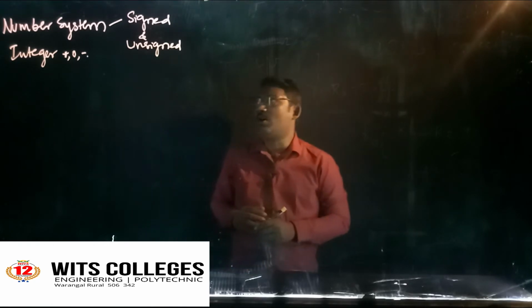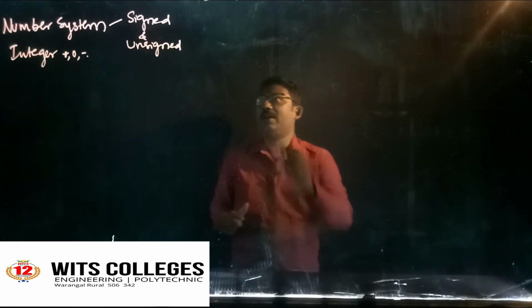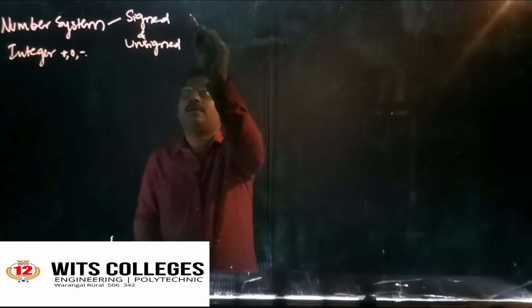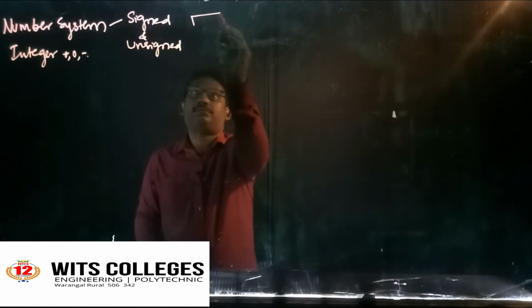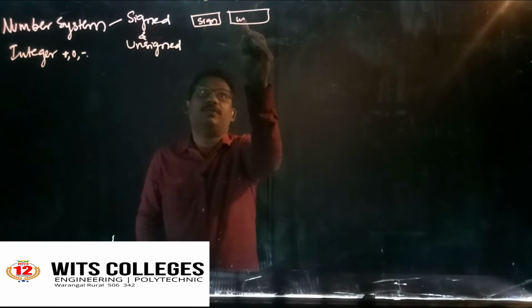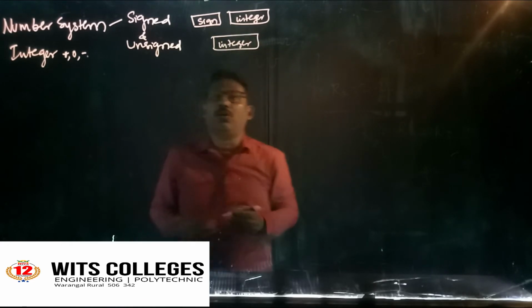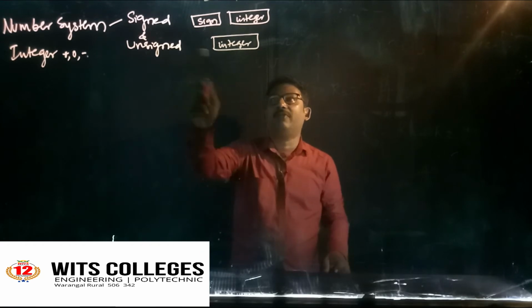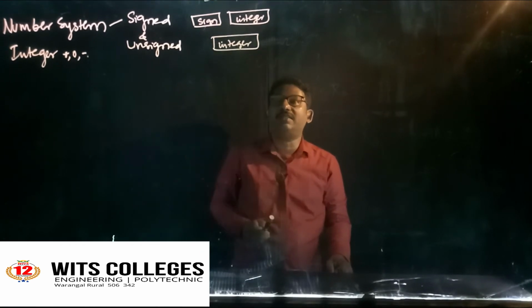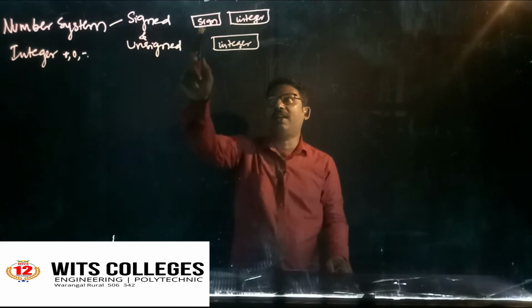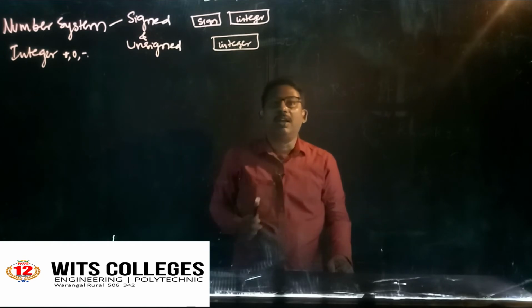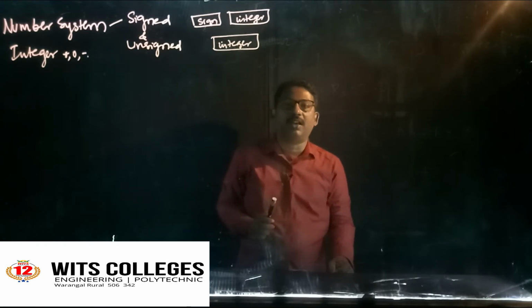The structure of a signed number is sign and integer, and for an unsigned number it is just the integer. That means an unsigned number is represented without any sign before it, and a signed number has one sign and then the representation of the number, that is the integer.